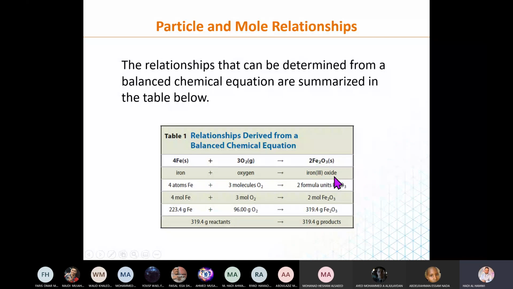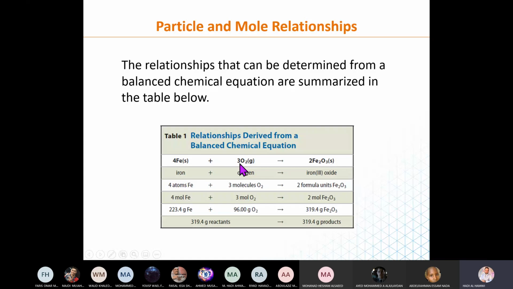From it I can derive the number of representative particles. For example, Fe, iron, is an atom, and I have 4 before it, so I have 4 atoms of Fe. Here oxygen, O2. O2 is not an atom, O is an atom. O2 is a molecule. So how many molecules do I have?